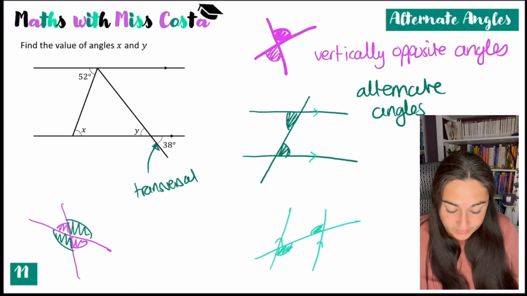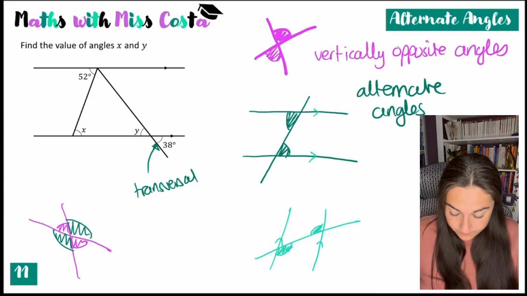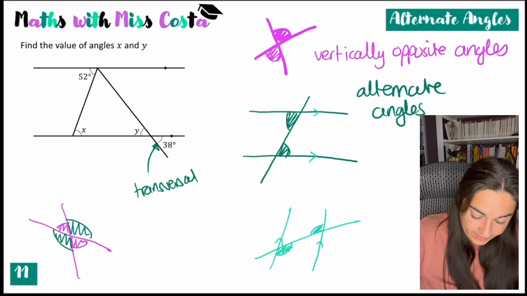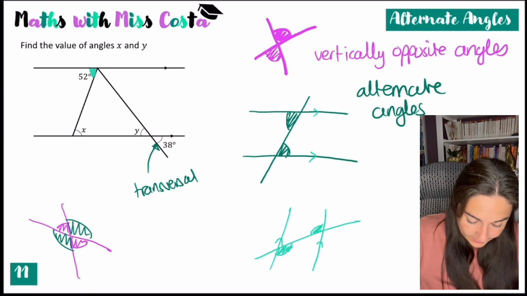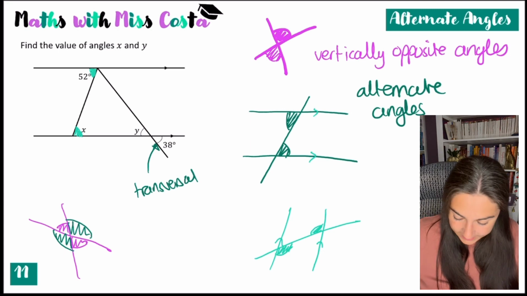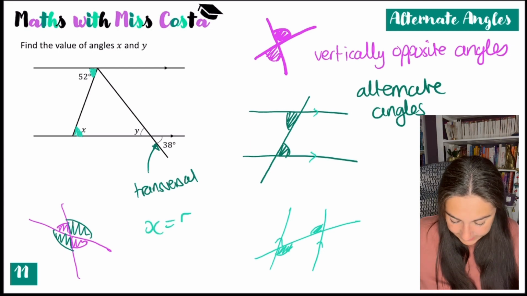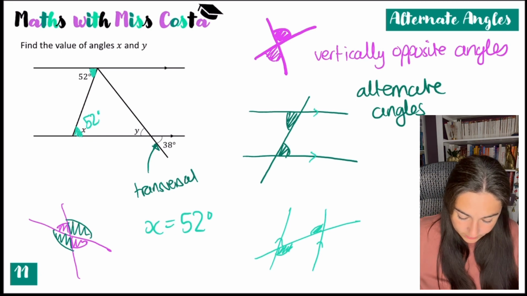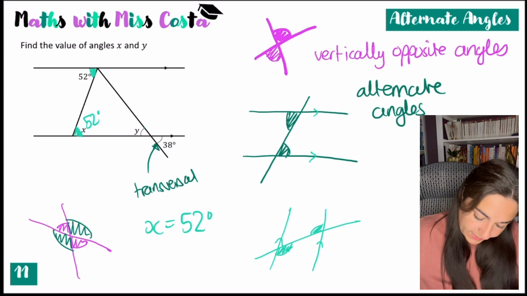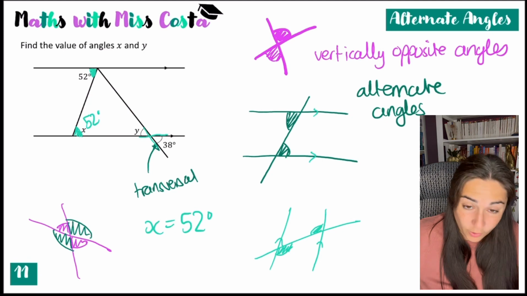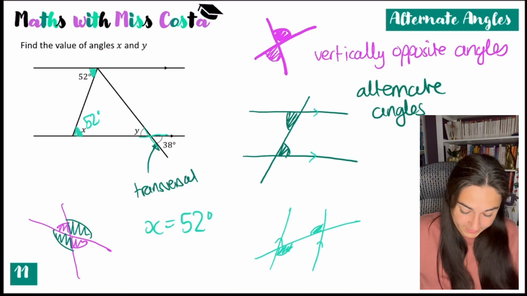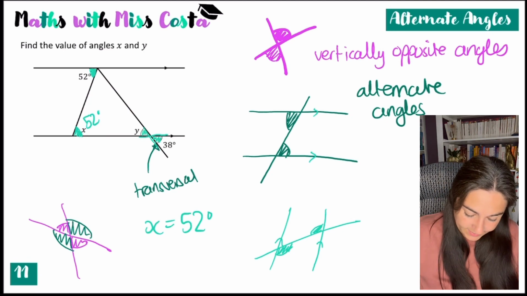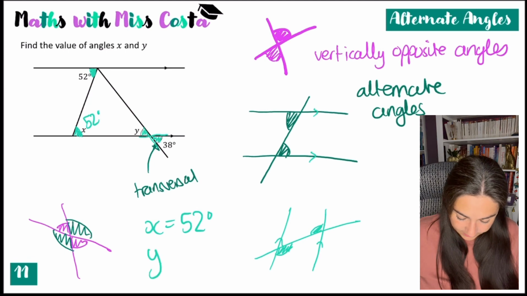Okay, so therefore, let's apply this to here. So here you've got your parallel lines, you've got an angle here. Its alternate angle would be over here. So that must mean that x is 52 degrees, because alternate angles are equal. And then you've got these angles here. Hopefully you recognise that they're vertically opposite. So if that is 38 degrees, this also must be 38 degrees.